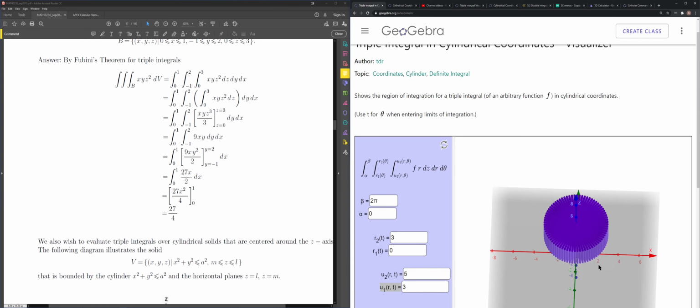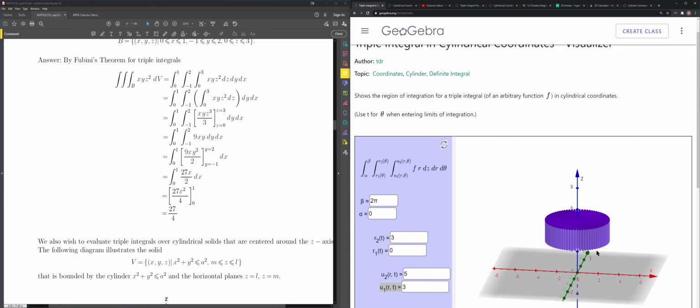But what I actually have, this x squared plus y squared less than or equal to a squared, is an inequality in three-dimensional space.